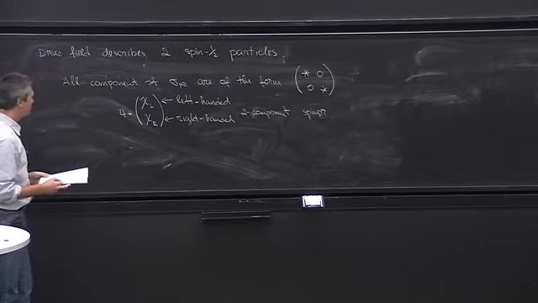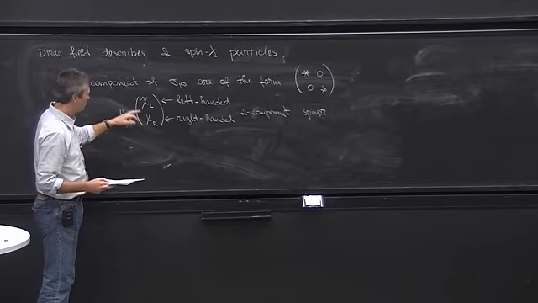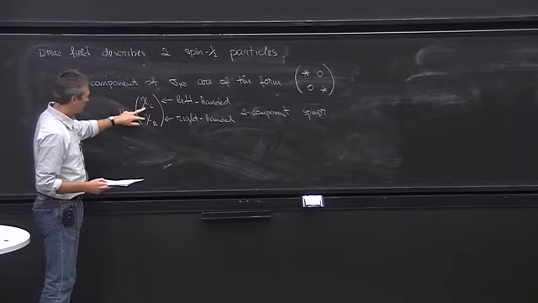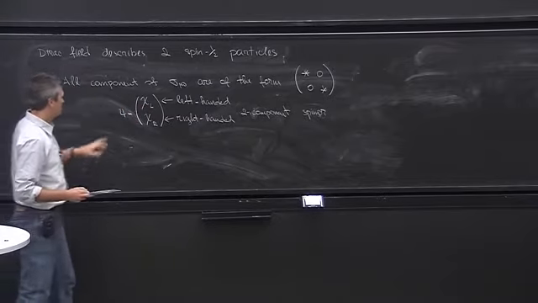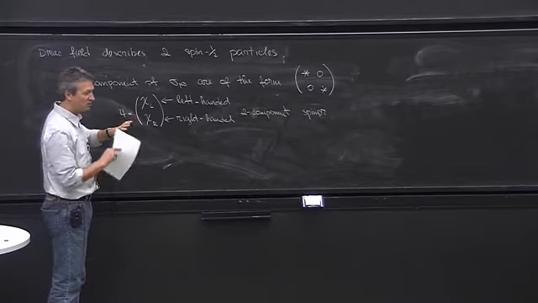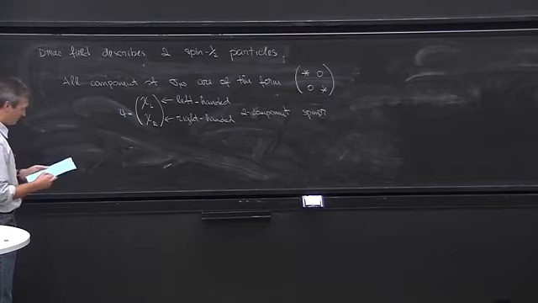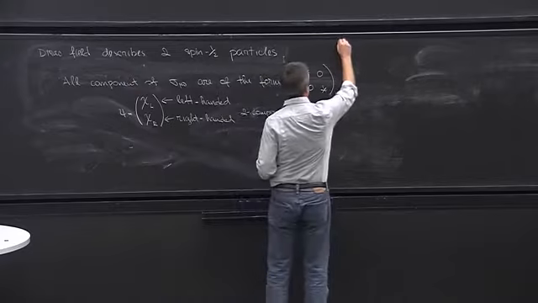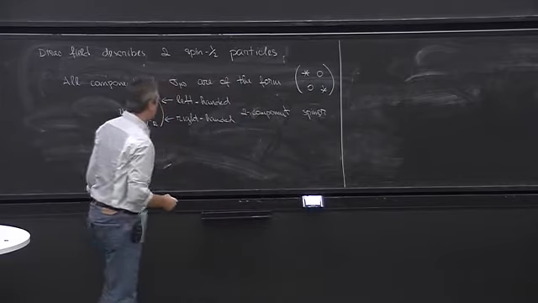So for fermions without mass, we'll see that in the Dirac equation, the left and the right components of the spinor are mixed. But if we set the mass to 0, then the equations completely decompose.